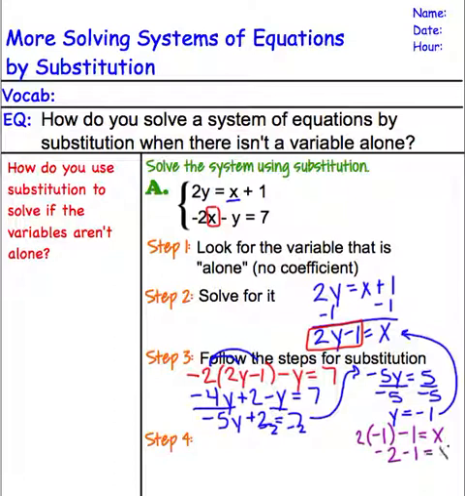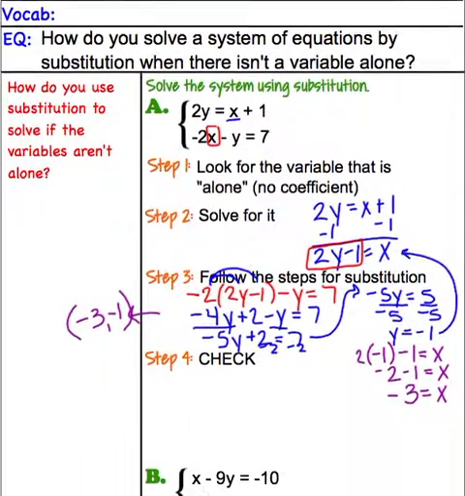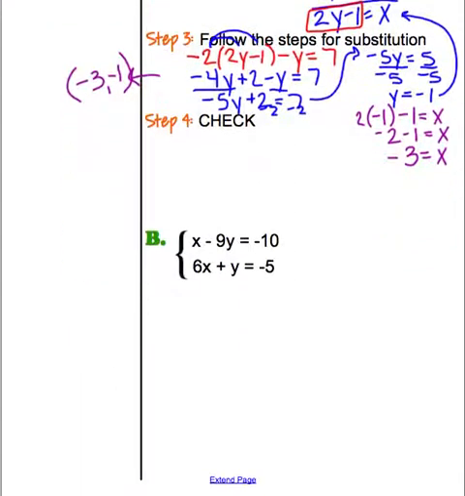Negative 2 minus 1 is going to be negative 3 equal to x, which means that our ordered pair solution is going to be negative 3, and y was equal to negative 1, so there is my ordered pair. Then as always, our final step is going to be to check. I am not going to show the check, but I do expect when I check your notes that I will see a check.